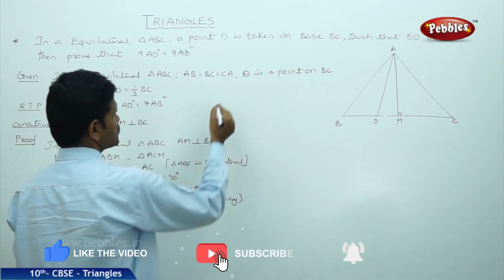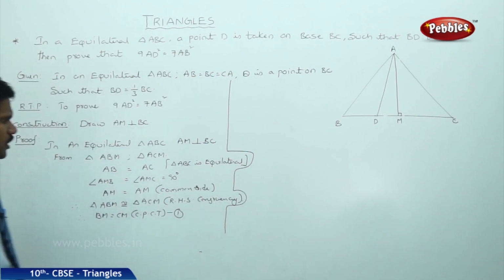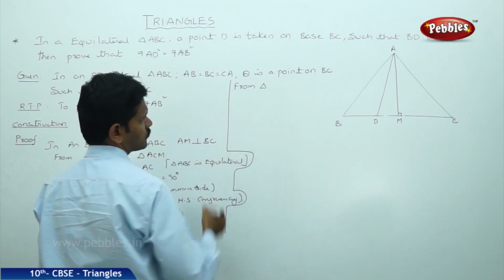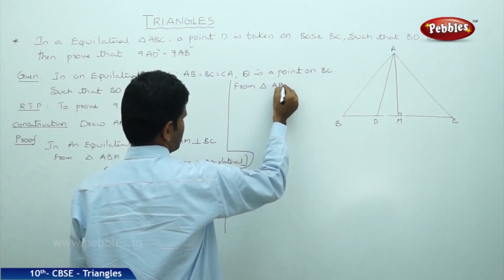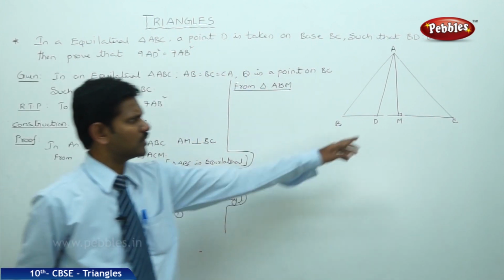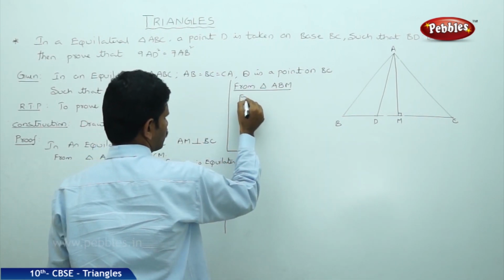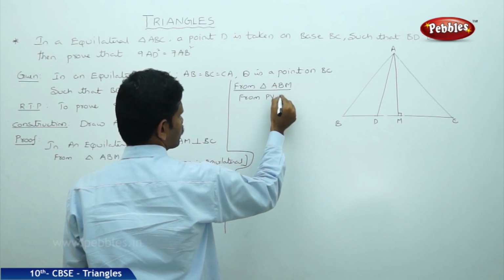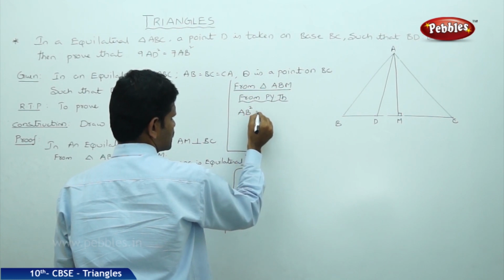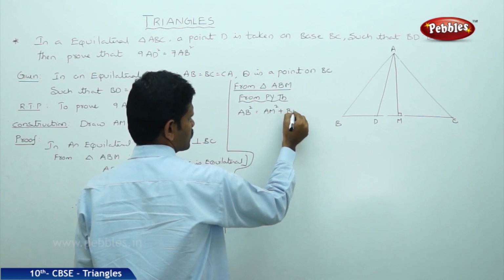Now, from triangle ABM, the right angle is at M. Now, from Pythagoras theorem, hypotenuse square AB square is equal to AM square plus BM square.